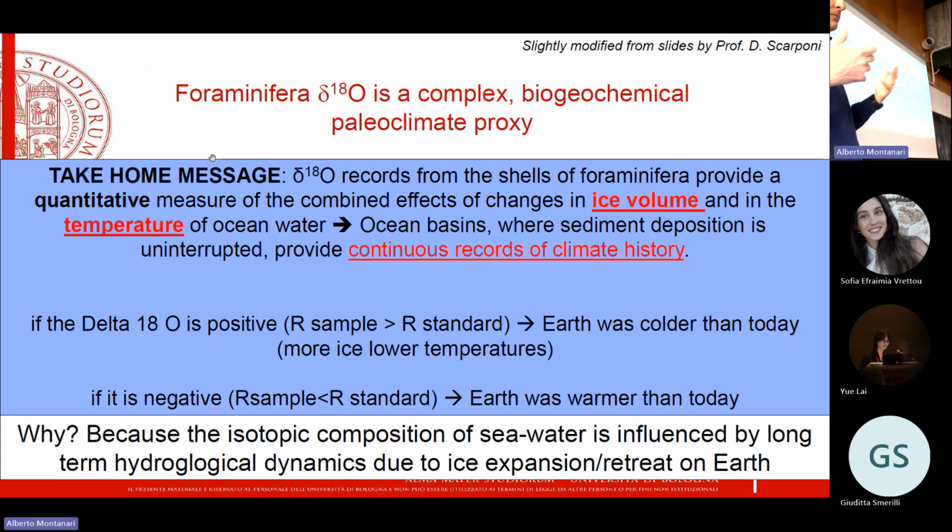We already mentioned these considerations, these conclusions. It's just a recap. Delta 18 positive means Earth was colder. If it is negative, Earth was warmer. And these records can be taken from the foraminifera shells and from other remains of the past climate.